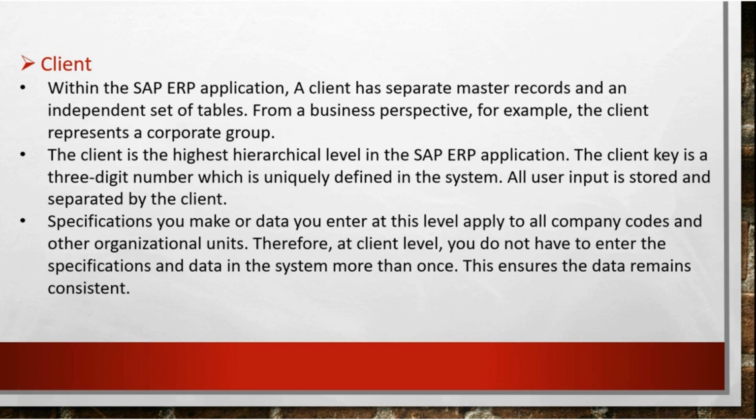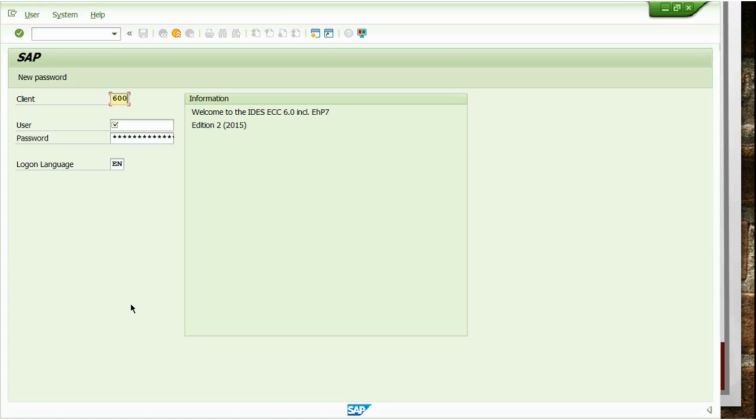Let me show you the client in SAP. So this is the client you can see here. If you log on to SAP, you can see the client in which you are working. So users are specific to the client.